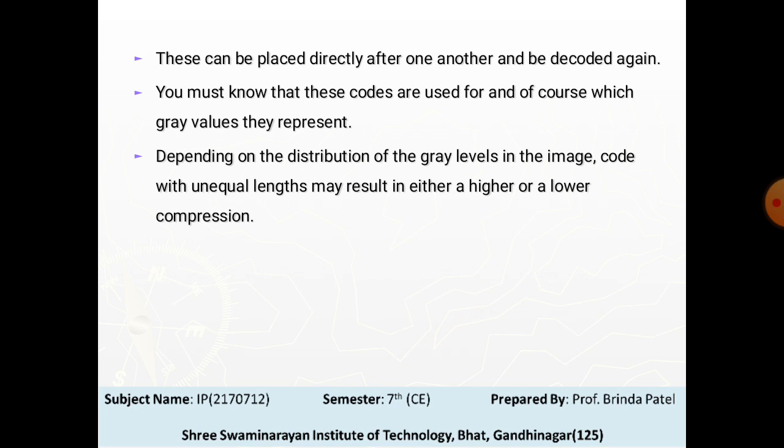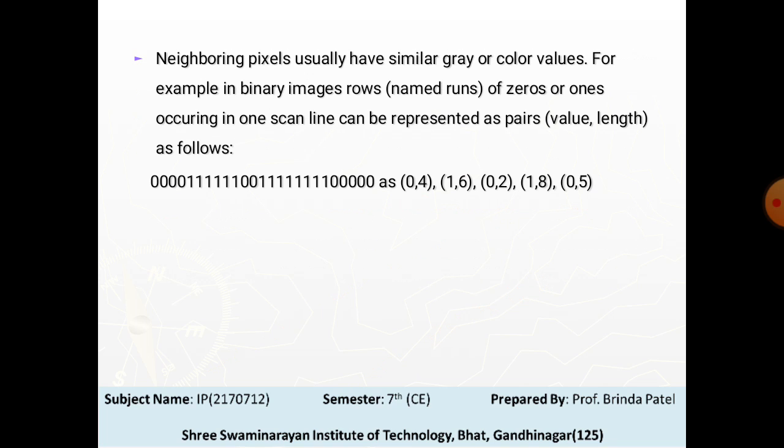So you must know what these codes are used for and which gray values they represent. Depending on the distribution of the gray levels in the image, codes with unequal lengths may result in either a higher or a lower compression.